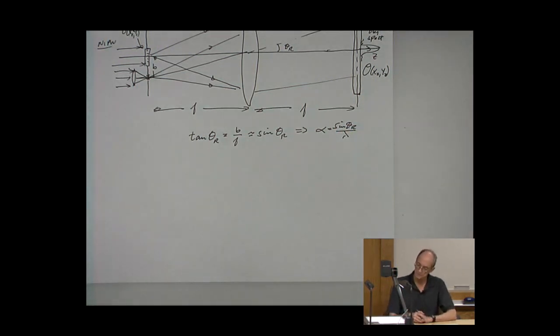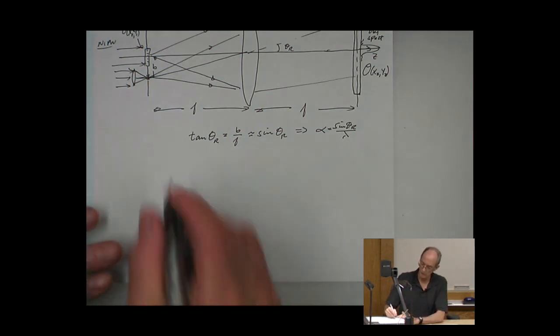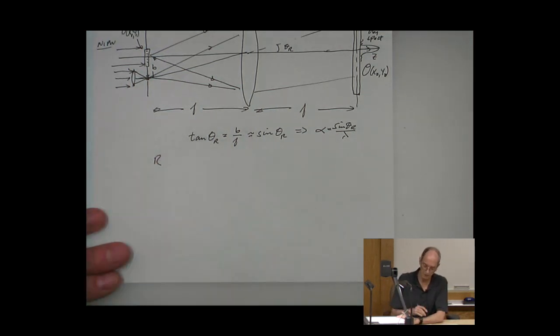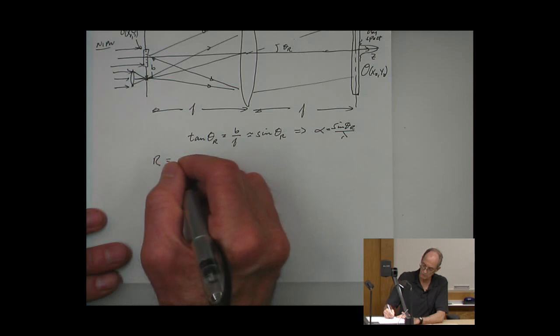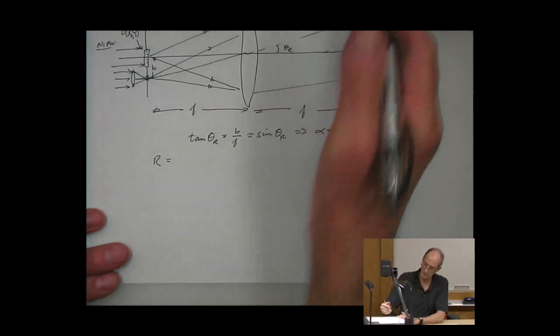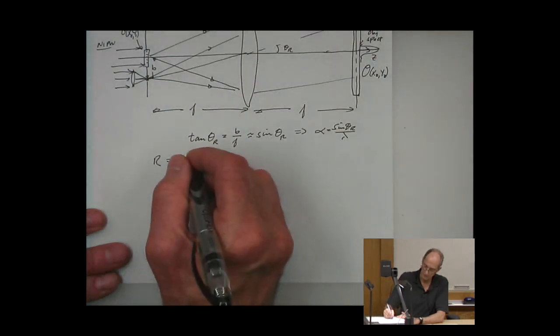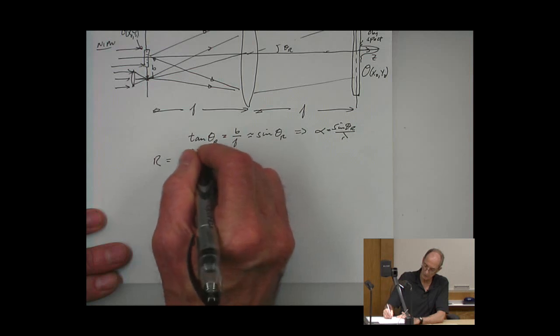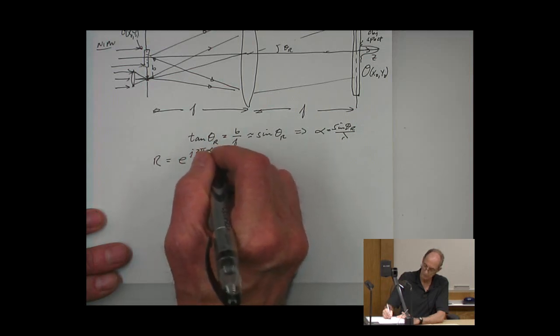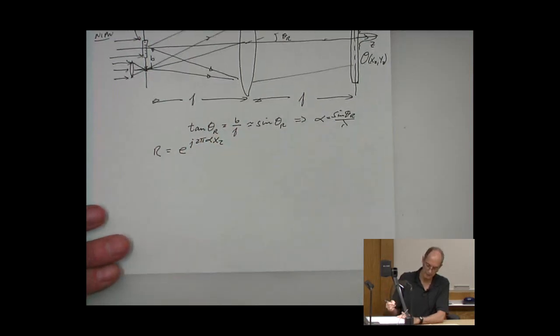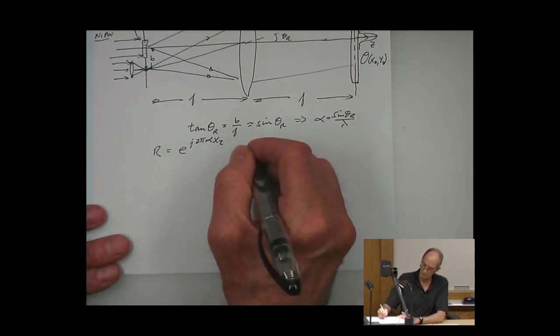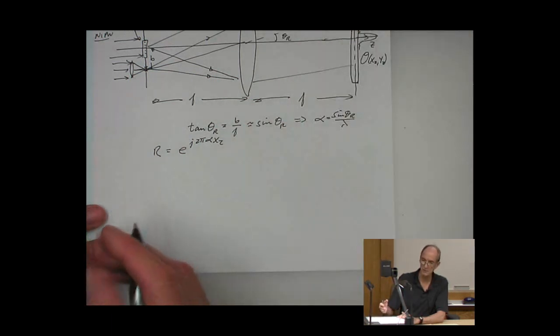Okay, so we have our reference wave r. This is just equal to an off-axis plane wave that's hitting the film. So we have e to the j 2 pi alpha x2, and we have the object wave, which is the spectrum, right?